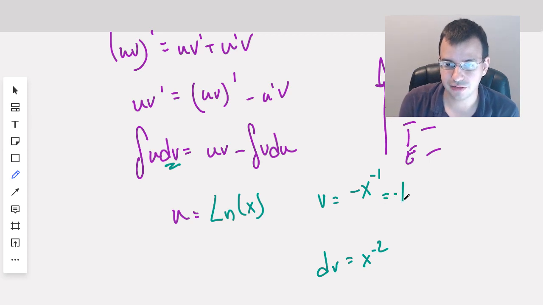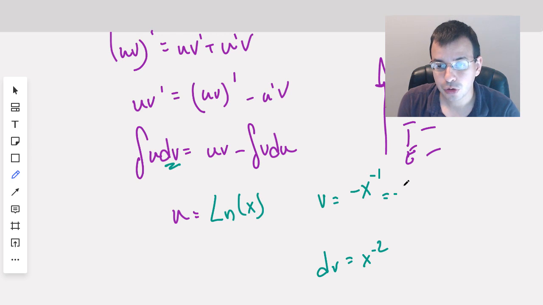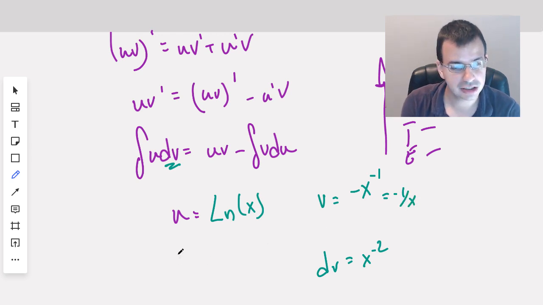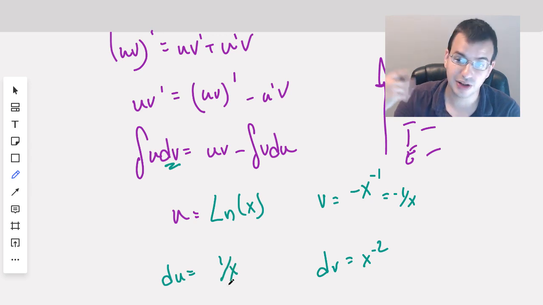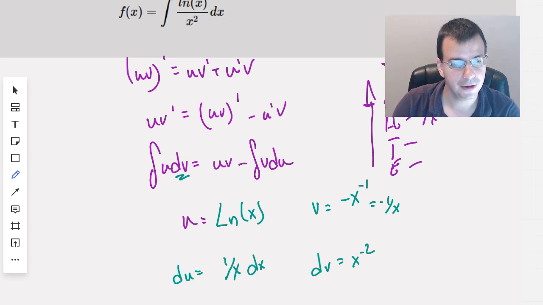So this is negative 1 over x. du will equal 1 over x, because the derivative of natural log of x is 1 over x. And I should probably put in the dx there too.